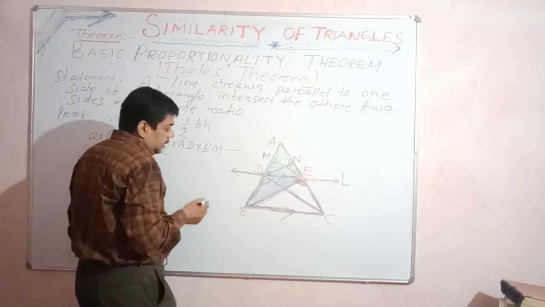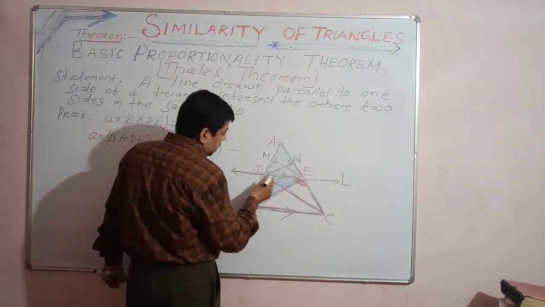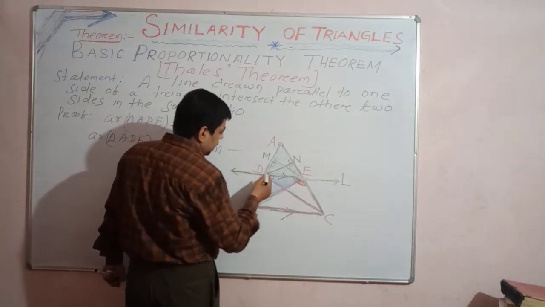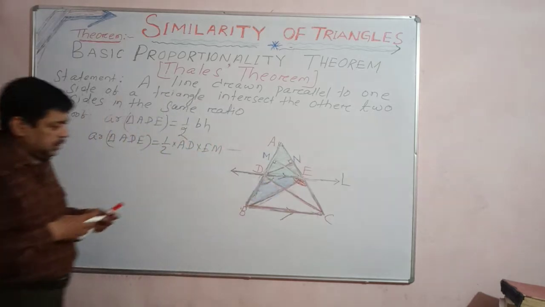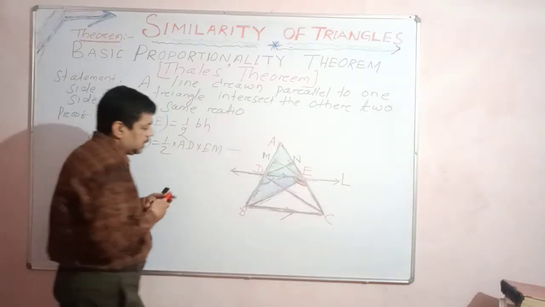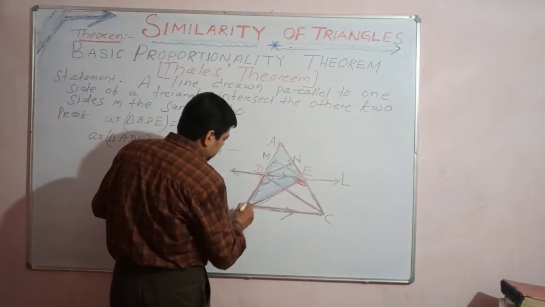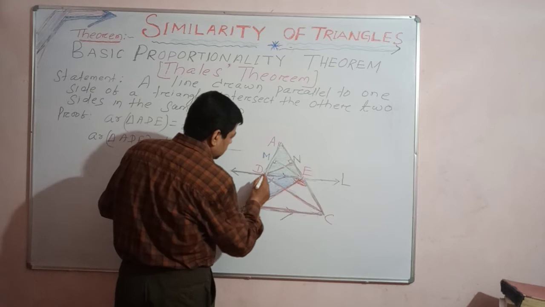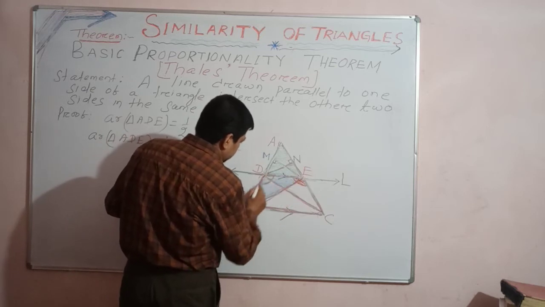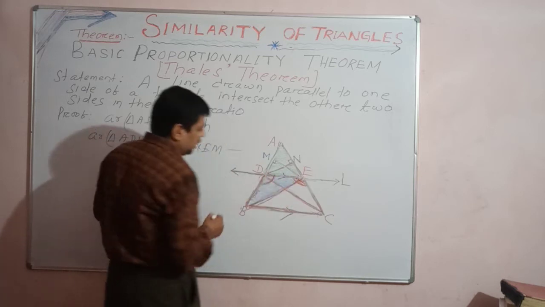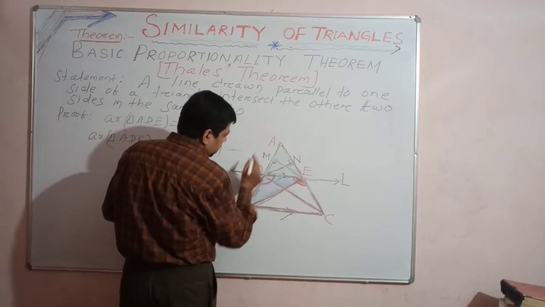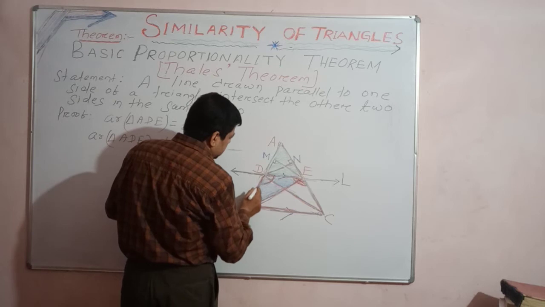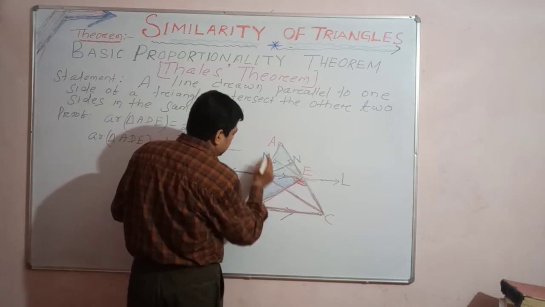Similarly, let's find another triangle, BDE. In the triangle BDE, angle BDE is an obtuse angle, and EM must be the altitude on the produced side BD.